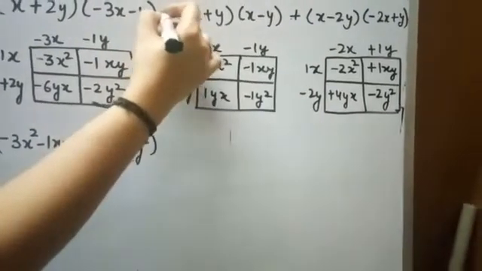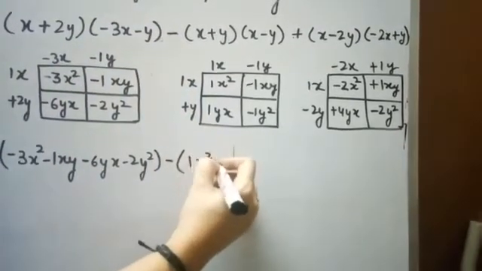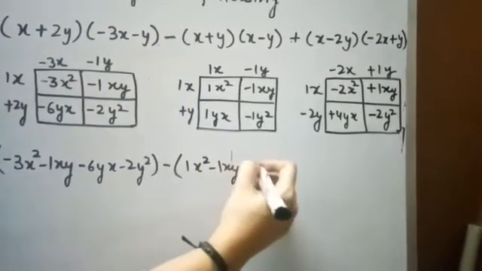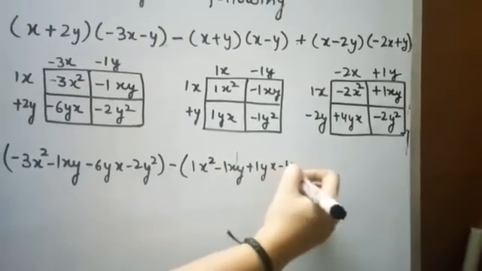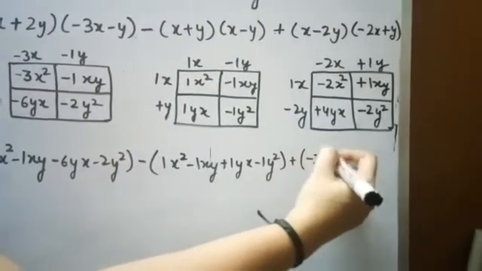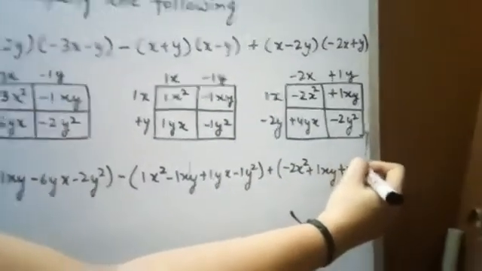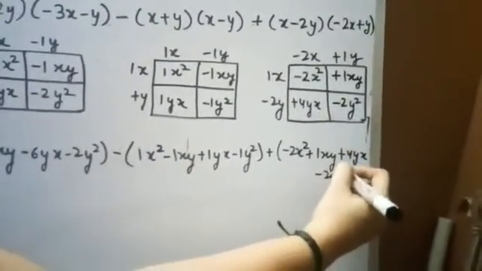Now there is a subtraction sign between. 1x square minus 1xy plus 1yx minus 1y square. There is a plus sign. Minus 2x square plus 1xy plus 4yx minus 2y square.